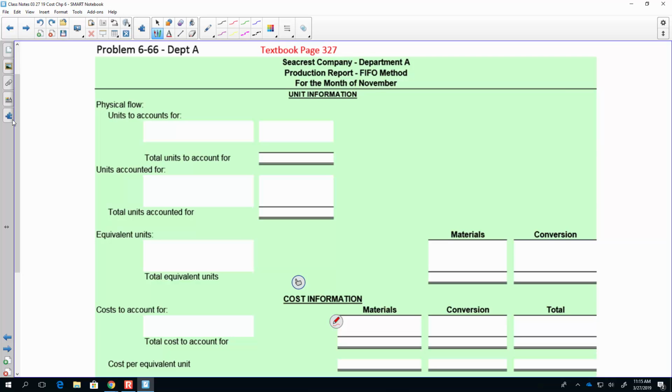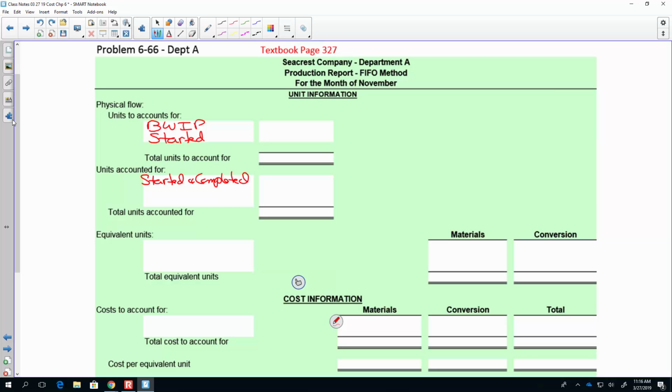For Department A, we have beginning with and started. This is the FIFO report now. So then we have started and completed. I'm going to write this awful small, so those in back, I'm hoping you can see this. Started and completed.